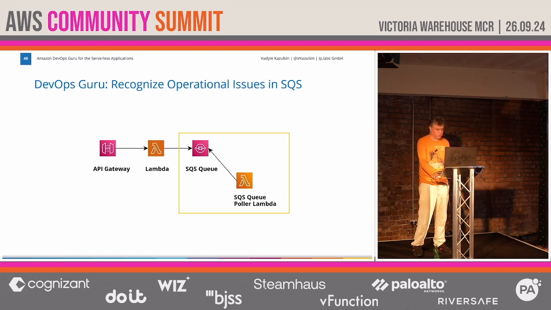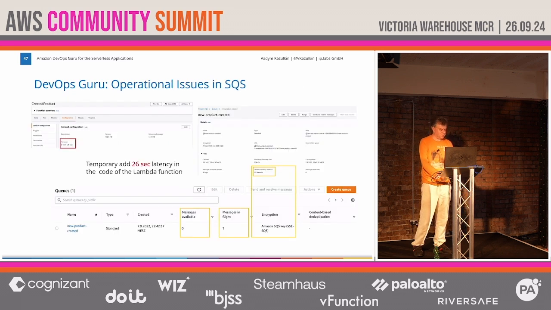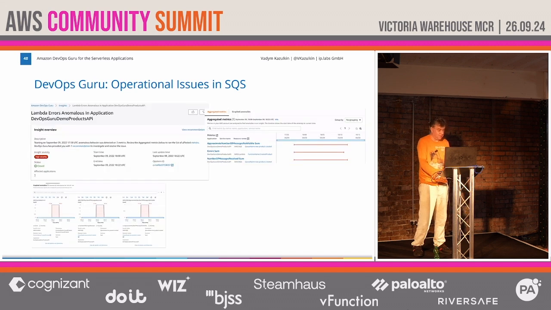This was also my test. I added a Lambda function polling from the queue which always runs into an error condition, not very difficult, just throwing an exception. In that case, if the message cannot be processed from the SQS queue, you will have messages in flight with some number. The message arrived in the queue and it's in flight but can't be processed. Some service tries to process it but cannot. So the question was, can DevOps Guru recognize it? And it did, and it also produced several errors.